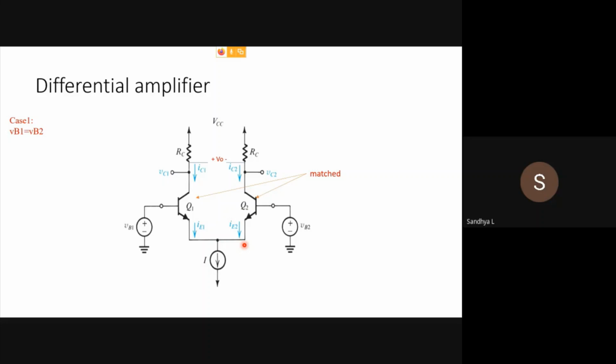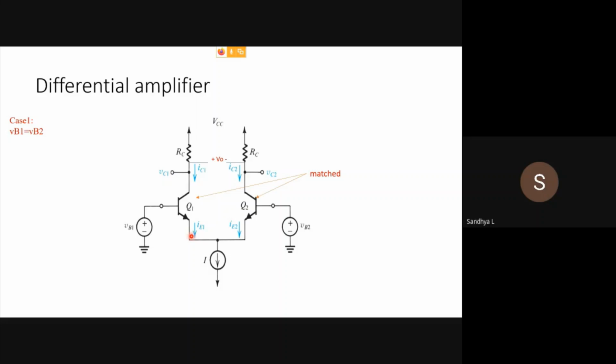So by the KCL, IE1 plus IE2 equal to I. Why is IE1 equal to IE2? Because both the half circuits are similar. One is the mirror image of the other. So the currents flowing through each of the branches will be equal, so that IE1 equal to IE2.